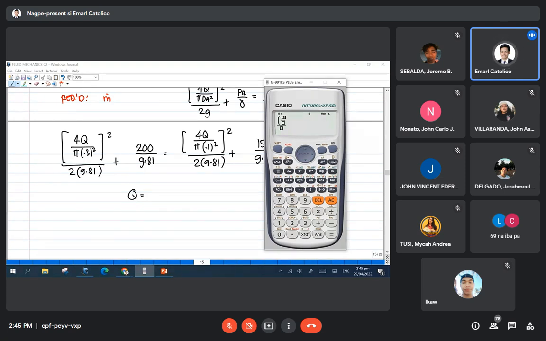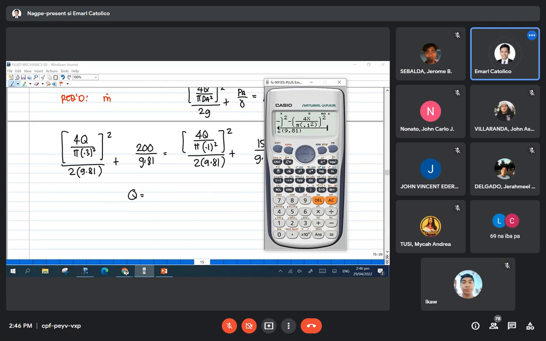So 4 alpha x over pi 0.3 squared minus 4 alpha x over pi 0.1 squared over 2 times 9.81.